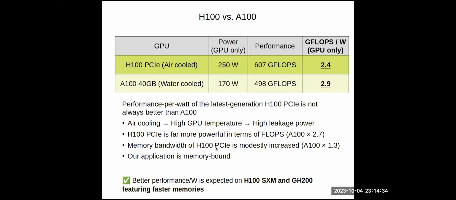It's probably because this flavor of the H100 we use is optimized for floating point operation rather than memory bandwidth, so our memory bound application could not perform too well. Instead, we expect much better performance per watt on different flavors of H100 featuring faster memories.